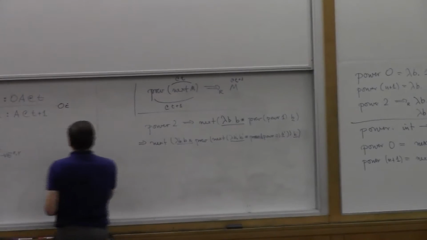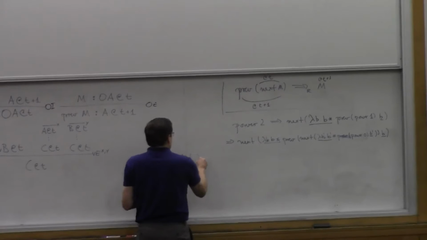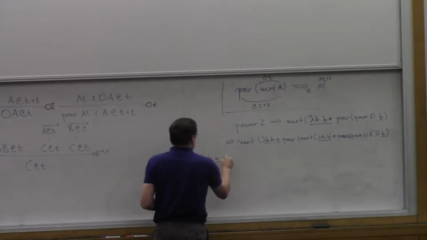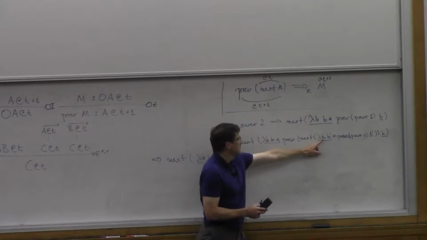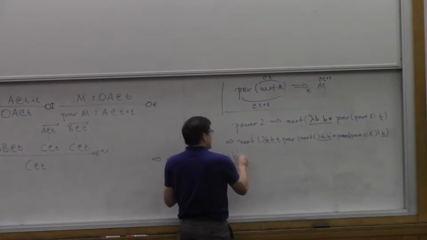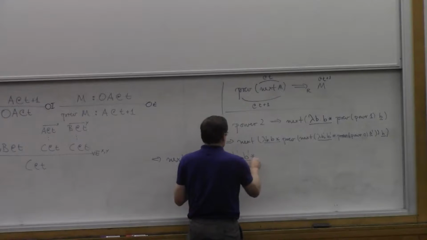So I get next of lambda b times. When I reduce that, what do I get? Well, I'll just plug in that term right here, lambda b prime times, and that's all underlined.